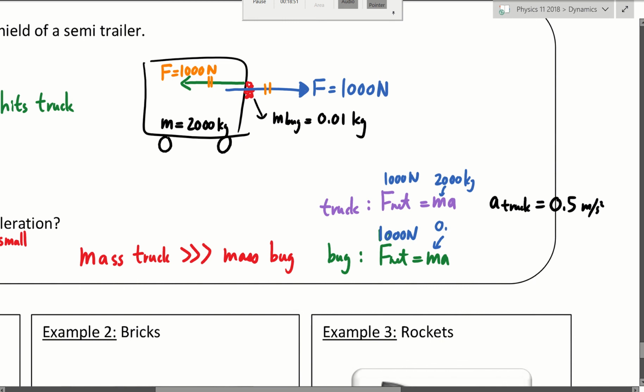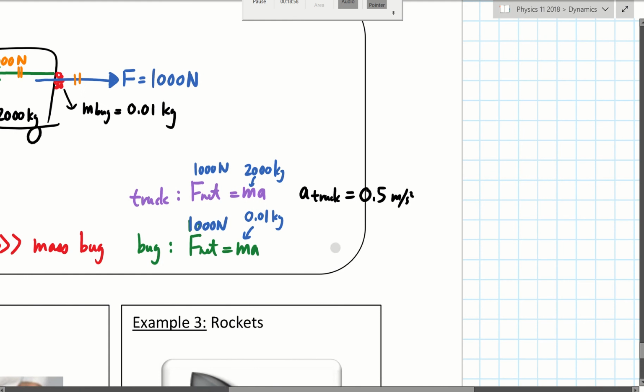The mass of the bug is only, let's say, 10 gram, 0.01 kilogram. Then, to find the acceleration of the bug, you need to divide both sides by 0.01, which is multiplying by 100. Then you get an acceleration of 100,000 meter per second squared.